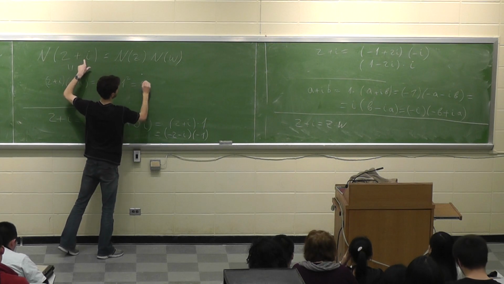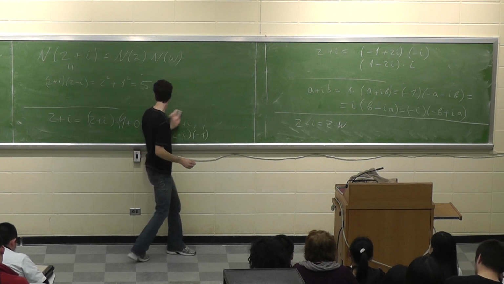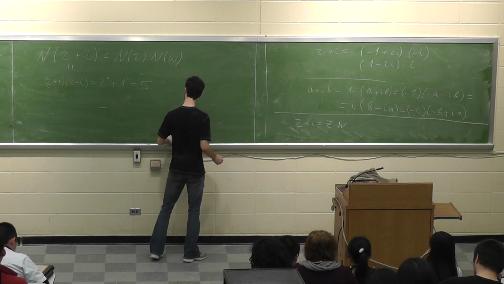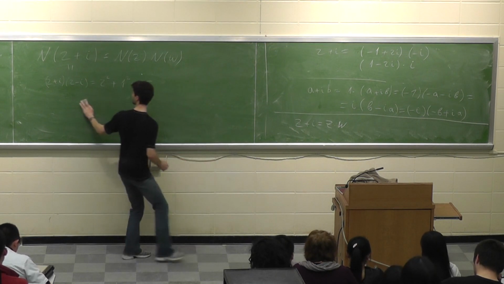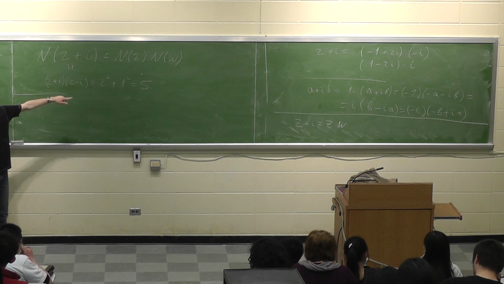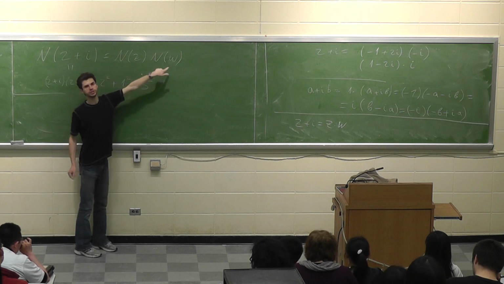So it is 5. So here I've written 5 as the product of two integers.